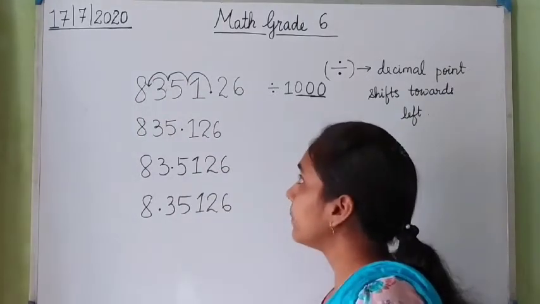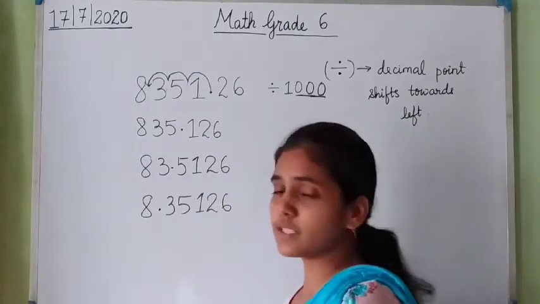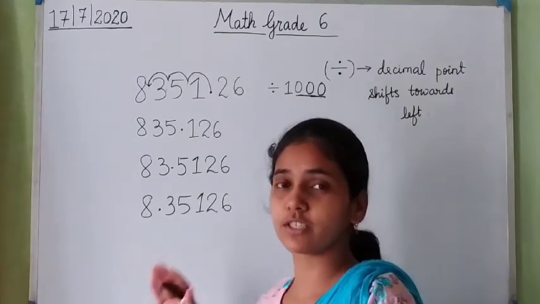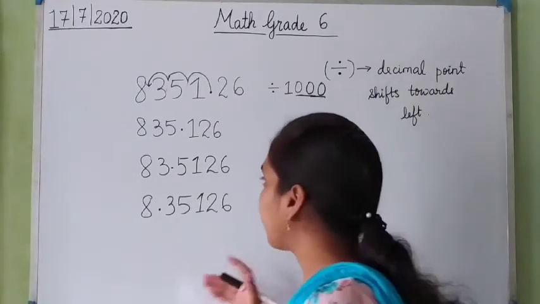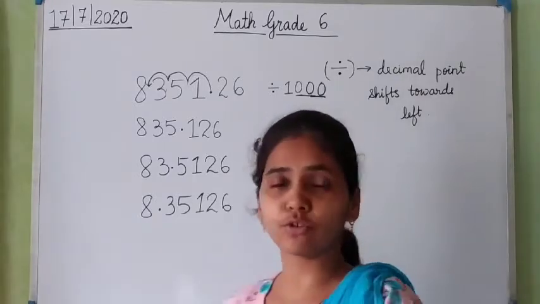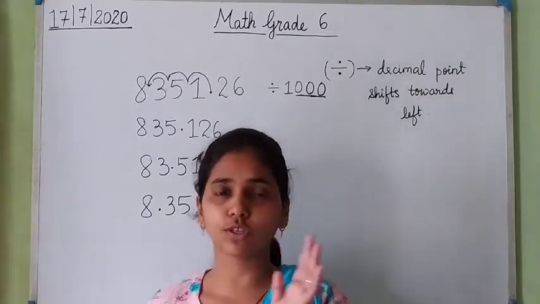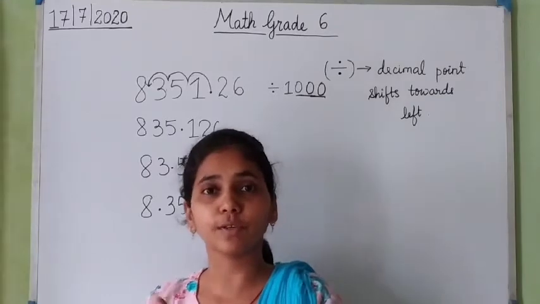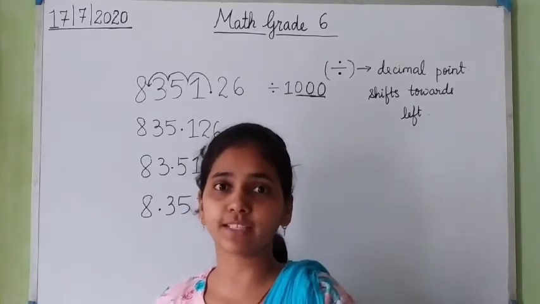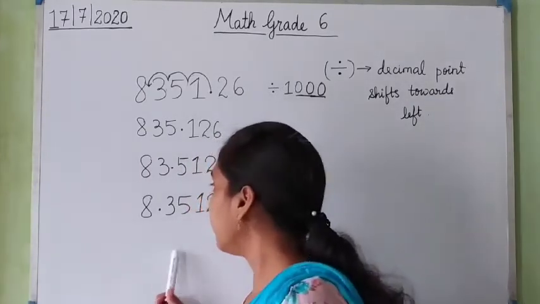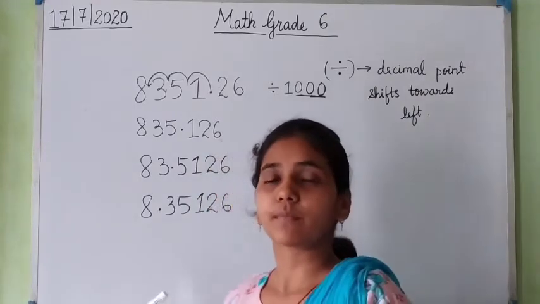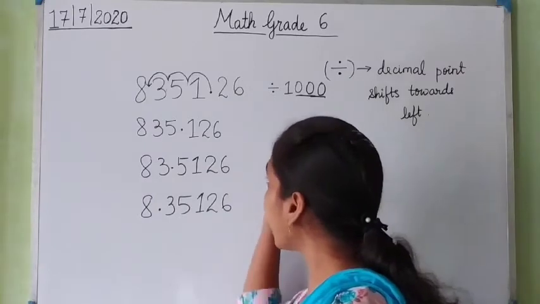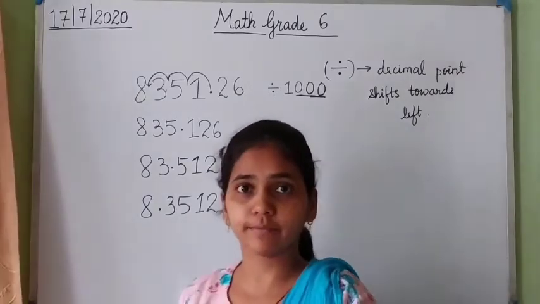It is very simple, only the decimal point changes its place, and in multiplication it goes towards the right, and in division it goes towards the left. So now we will solve the sums of the exercise based on this, multiplication and division of decimal numbers with 10, hundreds and thousands.